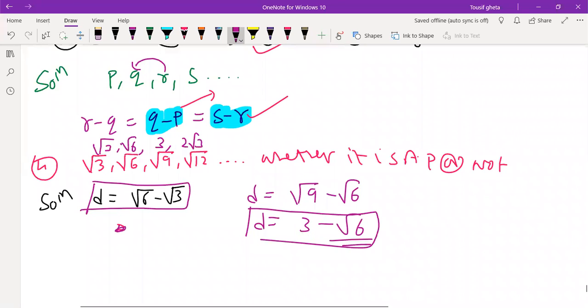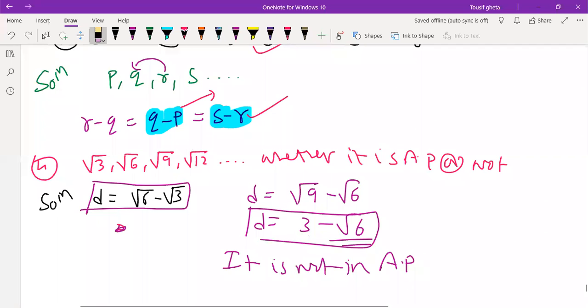So D is not same. It is not in AP. Understood? It is not in AP.